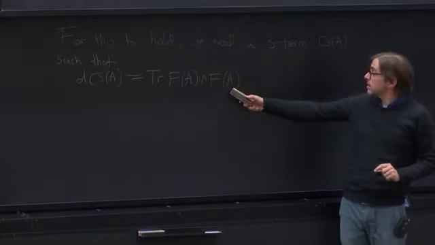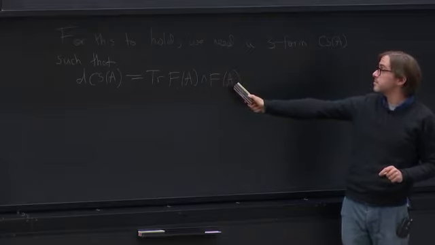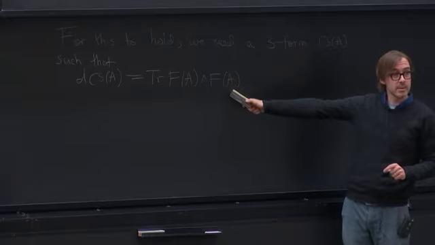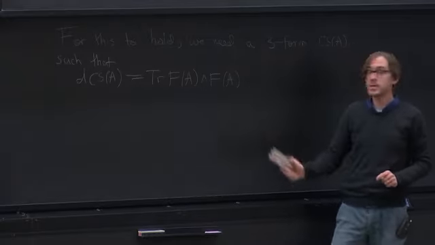So let me explain how you do this. This problem can be solved quite easily. First we have to expand F(A) wedge F(A) out, and then we'll see how it's d of something.